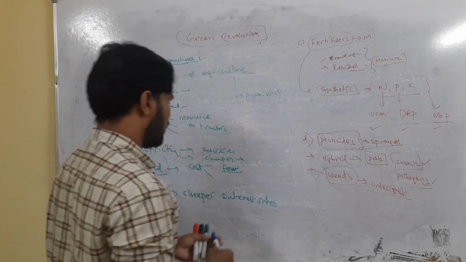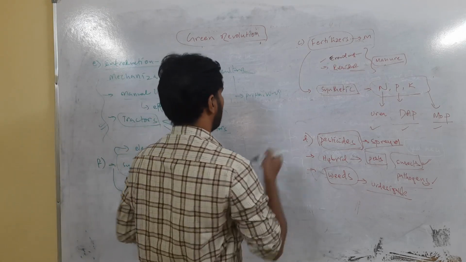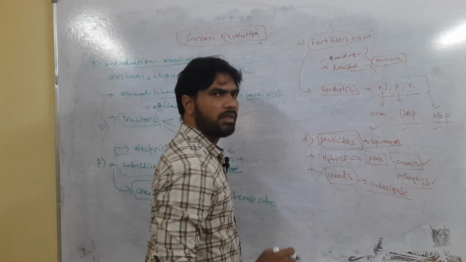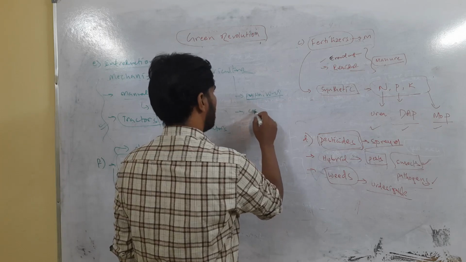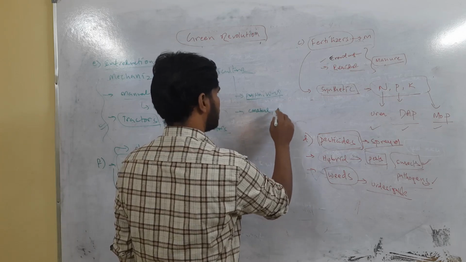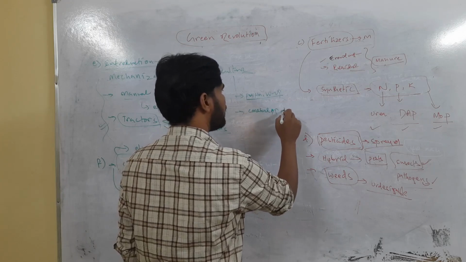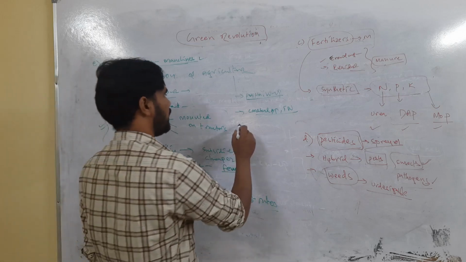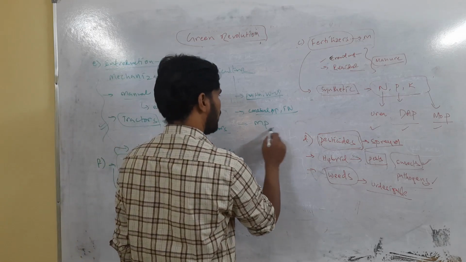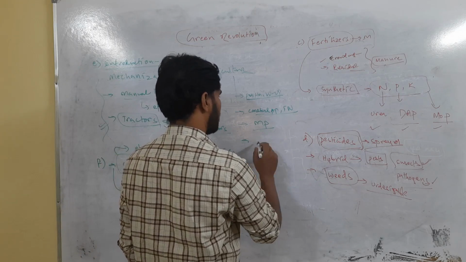Basically the regions targeted for the Green Revolution were Punjab, Haryana and Western UP. Some other regions were also targeted, like coastal Andhra Pradesh, some regions of Tamil Nadu where water availability is there, certain regions in Madhya Pradesh, and some regions in West Bengal.